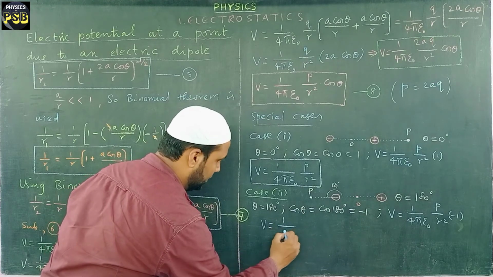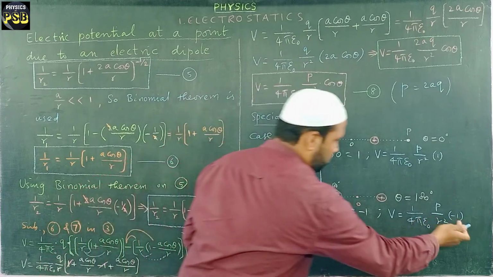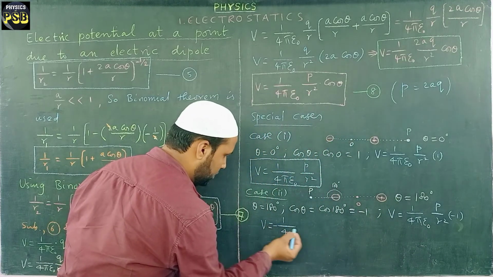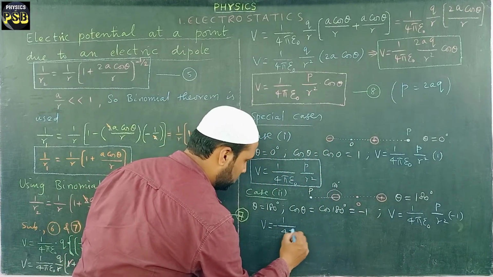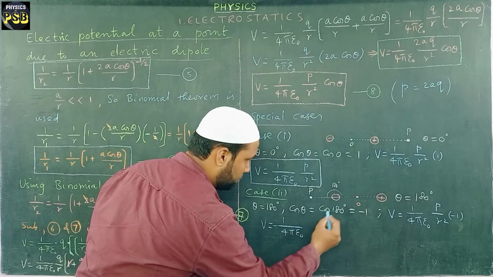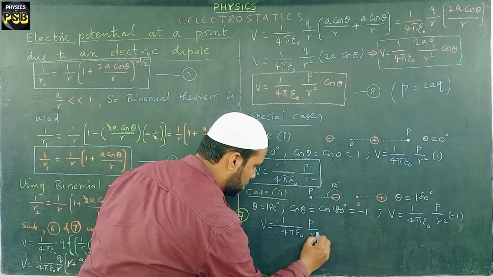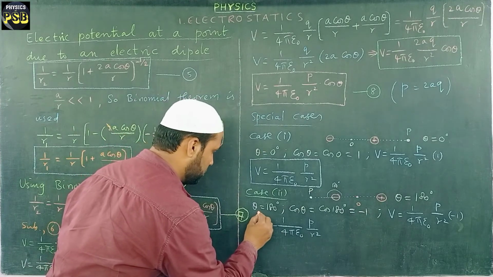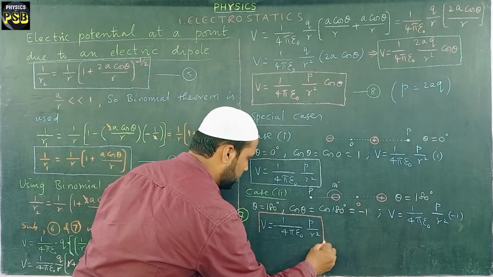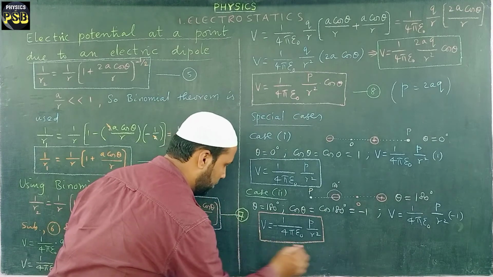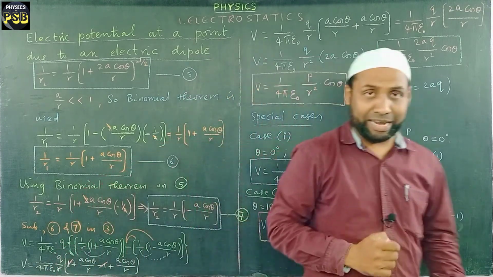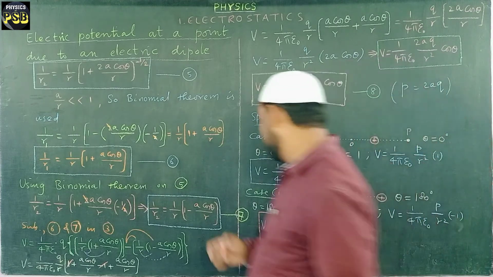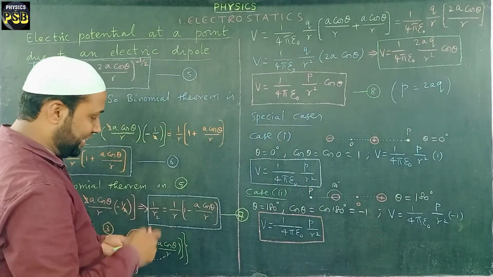Minus 1 multiplied with this, we get a minus sign here. So V is minus p upon r square times 1 over 4 pi epsilon naught. This is the expression for electric potential at point P taken along the axial line towards the negative charge. Clear? Then I go to the next case.